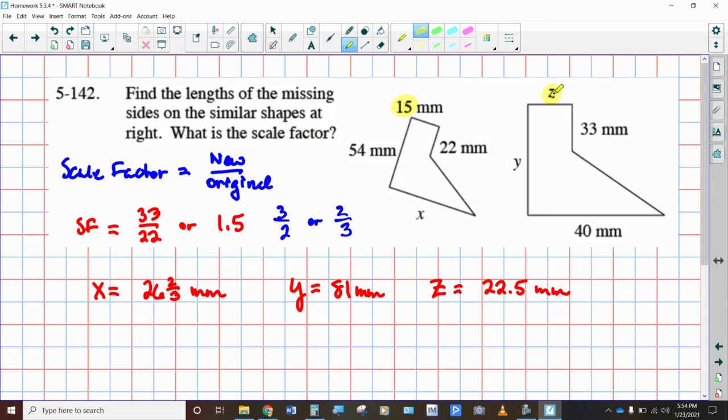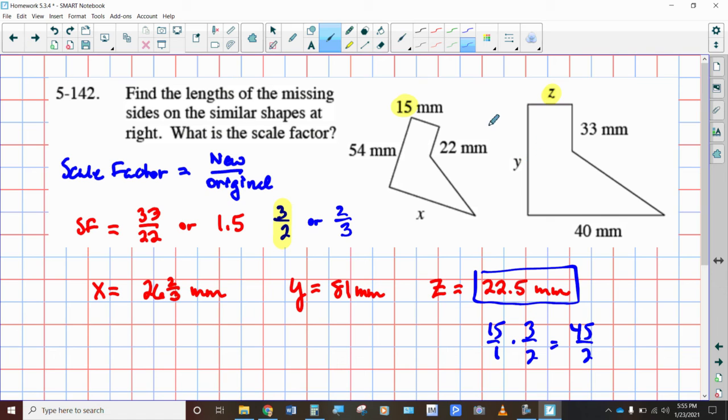So z must be larger than 15. I'm going to choose the larger of the scale factors and multiply 15 times 3 over 2, which becomes 15 over 1 times 3 over 2, which is 45 over 2, which becomes 22.5. So z must be equal to 22.5 millimeters.